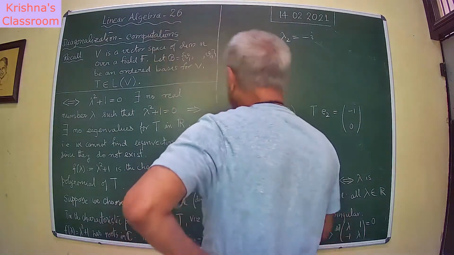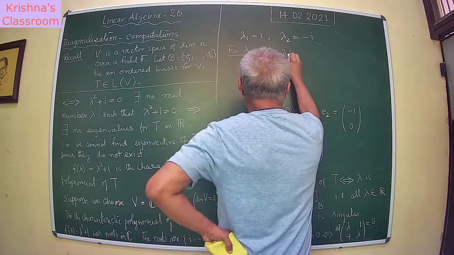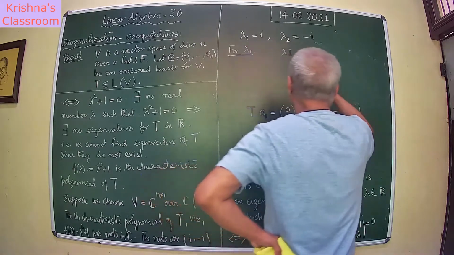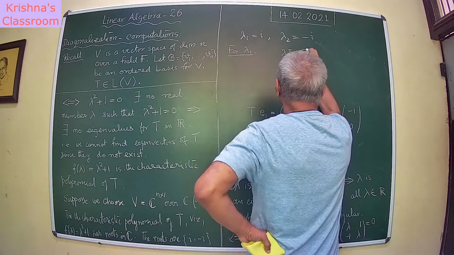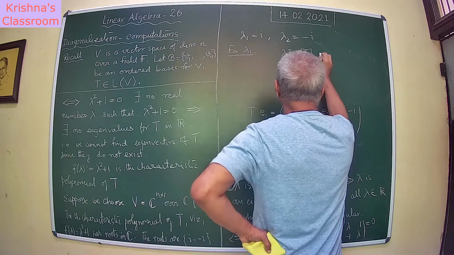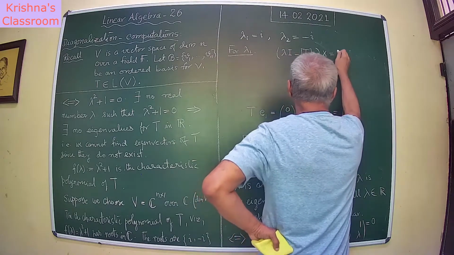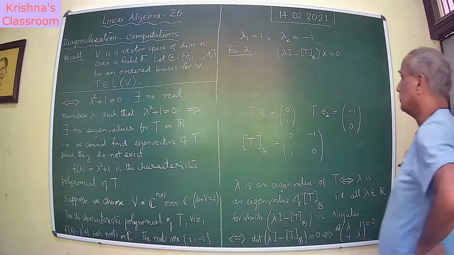We have to look at this equation, lambda I minus T. So let us write it up.